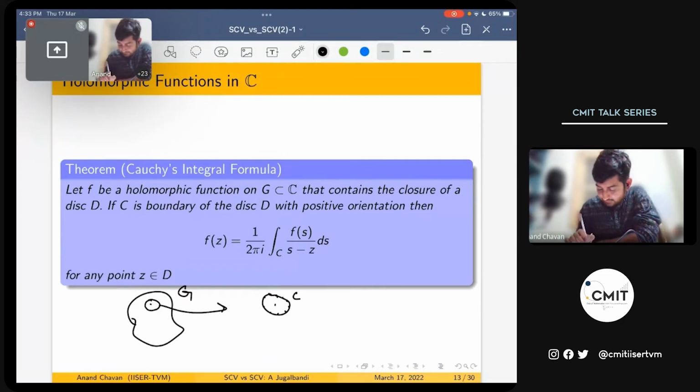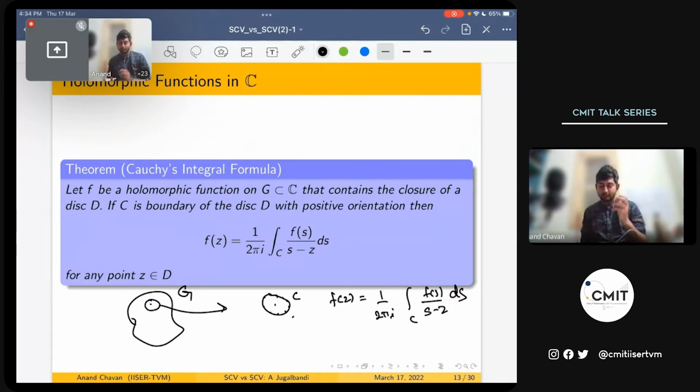So for any point z inside the disk D, I just have to integrate along this curve C. The only thing I need in order to know the values inside the disk D is the values on the circumference of the disk, which is the circle.